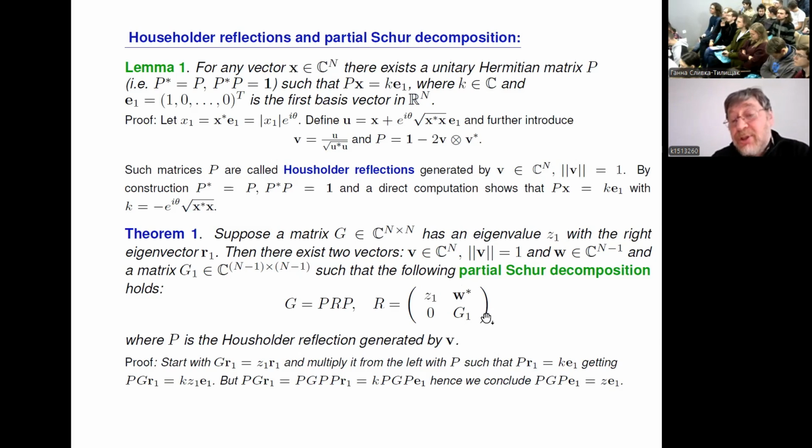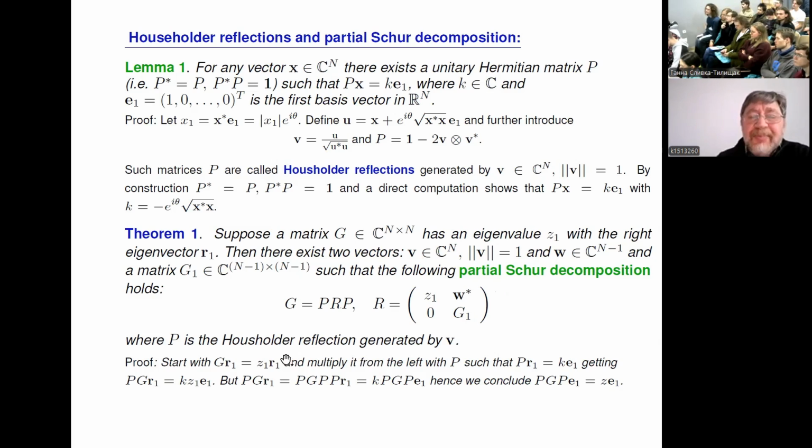And then G1 is just a general block of size n-1 by n-1. And such a matrix is multiplied from the left and from the right with one and the same Householder reflection P, where P is the Householder reflection generated by this vector V. So how to see that this is indeed the case, that such a representation, which is exactly this partial Schur decomposition, can be found?